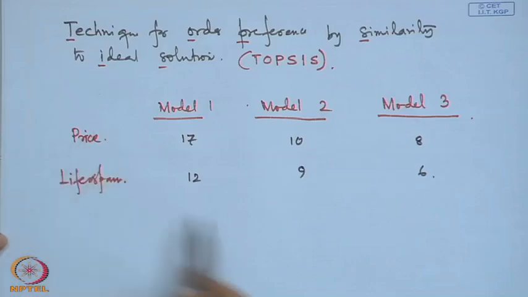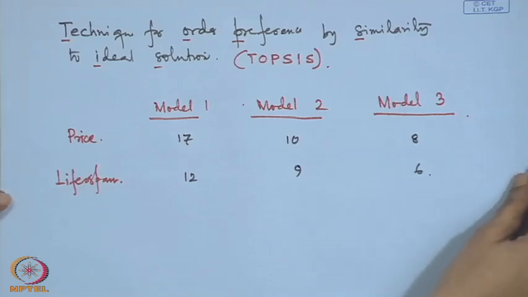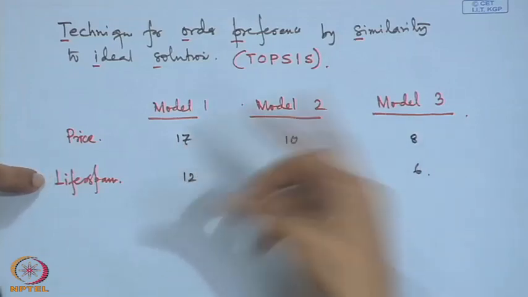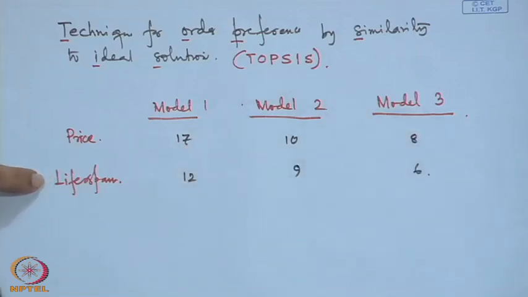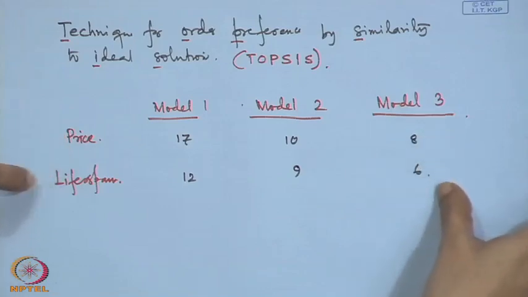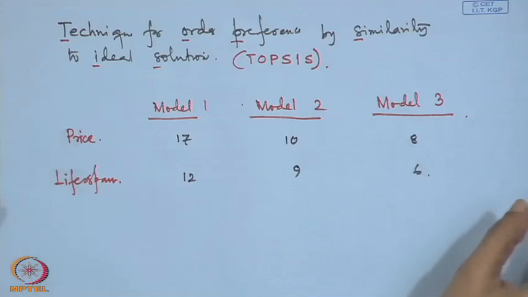But if I just have this information in front of us, it is very difficult to select which model is preferable to me, because if I consider the maximum lifespan, the price is very high, but if I consider the minimum price, the lifespan is very low compared to the others. That is why it is very difficult to select.